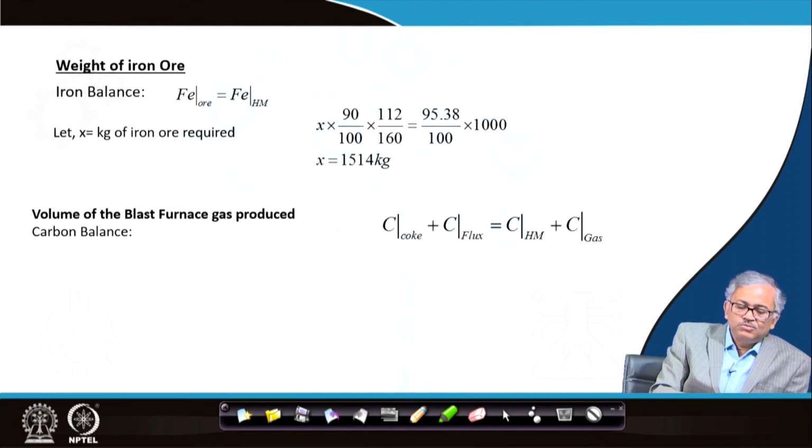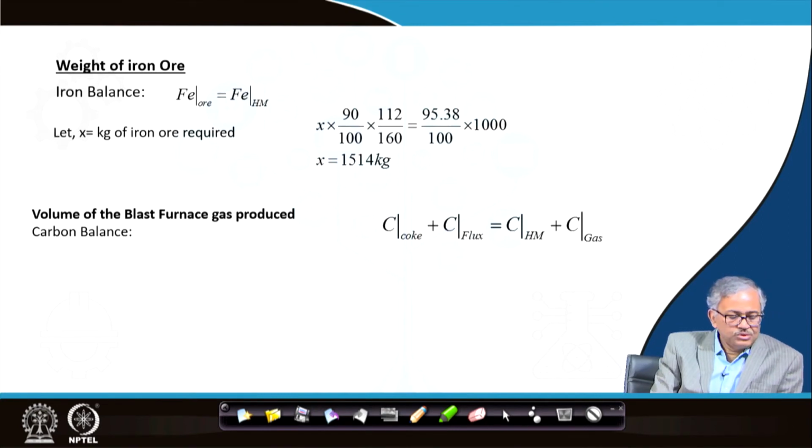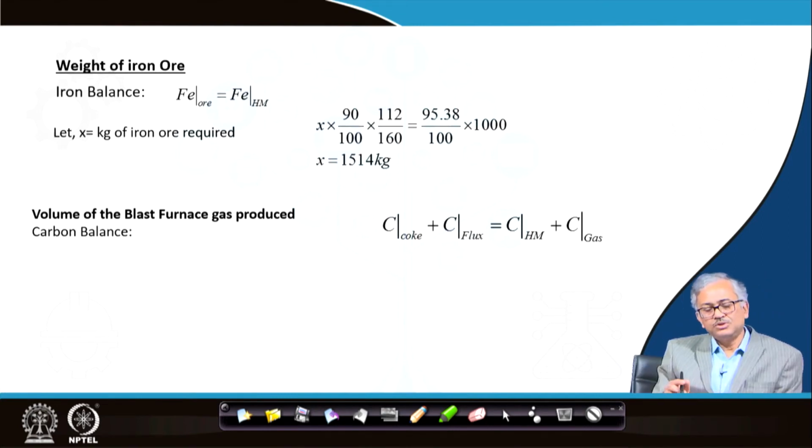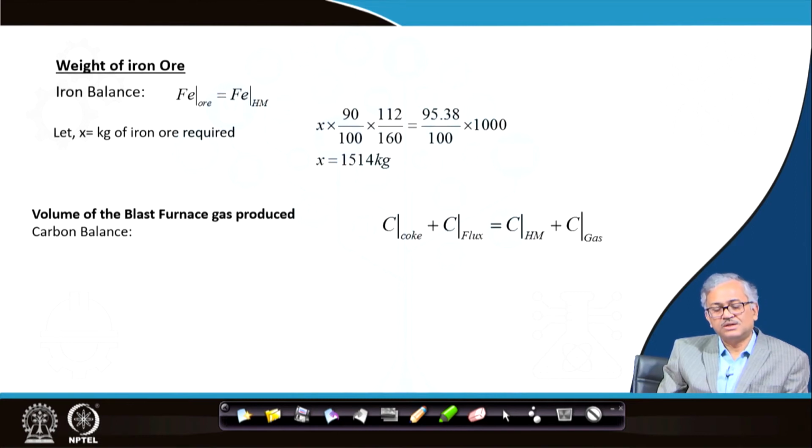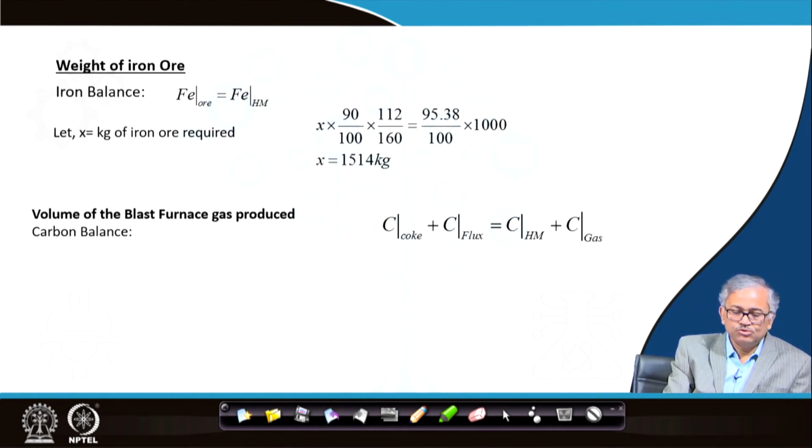So, let us do a carbon balance. If I want to do a carbon balance, what are there? The carbon is coming through the coke. A part of the carbon also comes through the flux. Flux means calcium carbonate, so it also gives some amount of carbon. There is no other source of carbon, and carbon leaves either through the hot metal, and the rest, the majority of the carbon, goes through the gas.